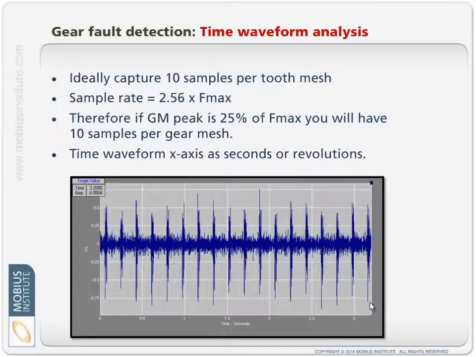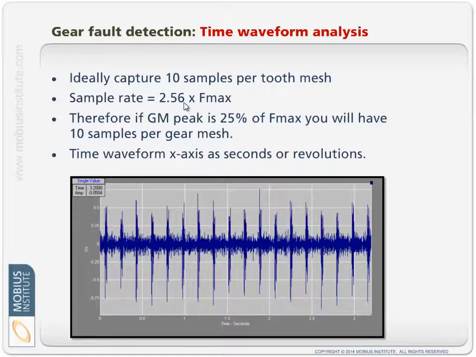So if I increase my Fmax, I'm increasing the samples per second, which means I'm increasing the number of samples per tooth mesh. As these teeth come into mesh, I get more samples. Well, if I doubled my Fmax, now that gear mesh peak will be in the middle of the spectrum, and therefore I'm going to get 2 times 2.56 samples per mesh. In other words, it'll be 5.12.